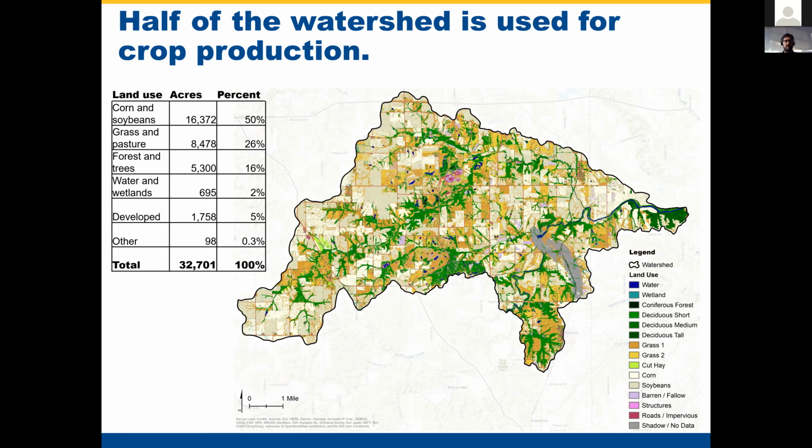So it's predominantly agricultural. It's not as high a percentage of cropland acres as some other parts of the state, but there's still quite a bit of cropland managed within the watershed, which is the main focus of most of the conservation practices that are included in the watershed plan.